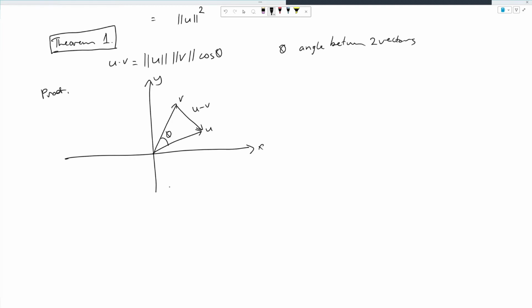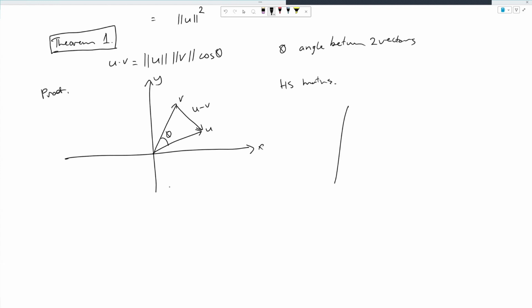When we see this theorem, we see a couple of lengths: the length of u, the length of v, this dot product here, which we don't know too much about, and cosine theta. This should ring a bell from high school maths.